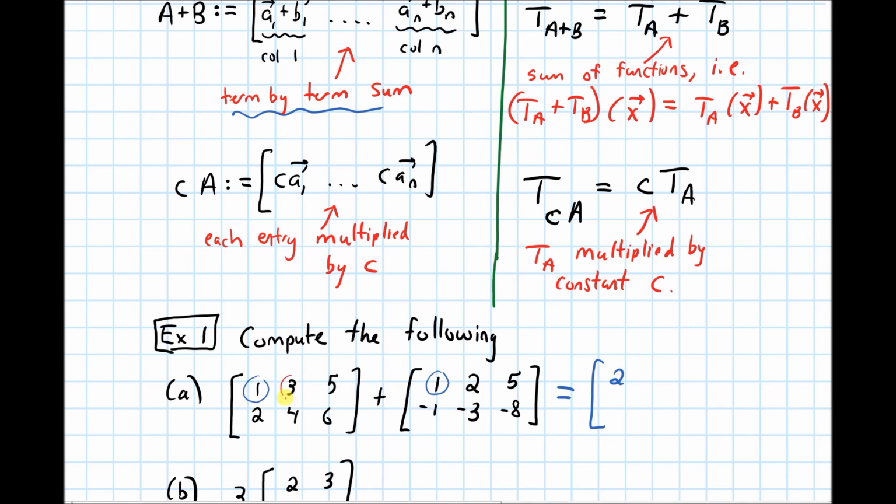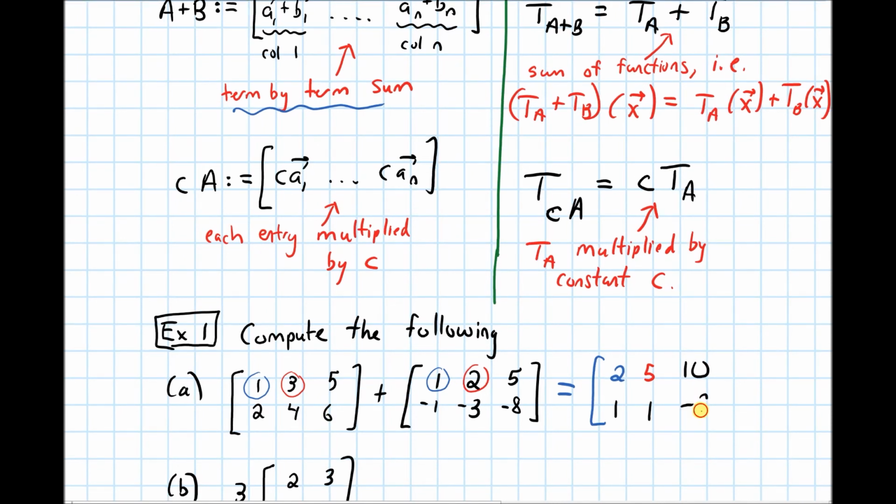Then the second entry in this row and second entry in that row, if I add them together, I get 5. If I keep going like that, 5 plus 5 is 10. 2 plus negative 1 is 1. 4 minus 3 is 1. And 6 added to negative 8 is negative 2. That's how I add two matrices together. I just add them term by term.